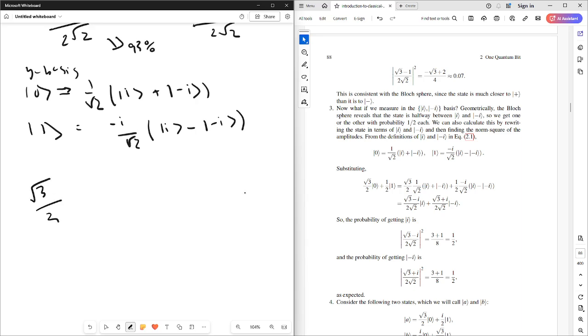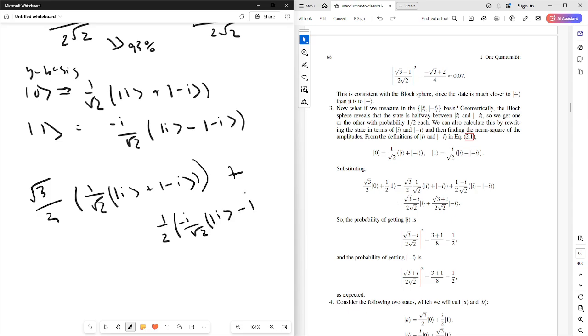Square root of 3 over 2 times 1 over square root of 2, plus 1/2 multiplied by negative i square root of 2 multiplied by the minus i state.